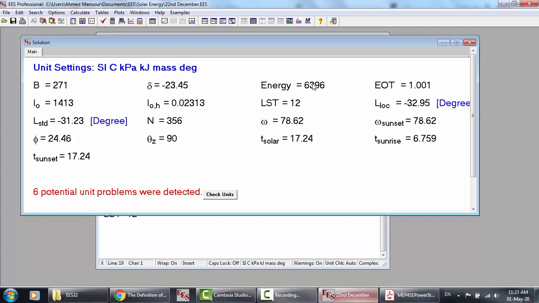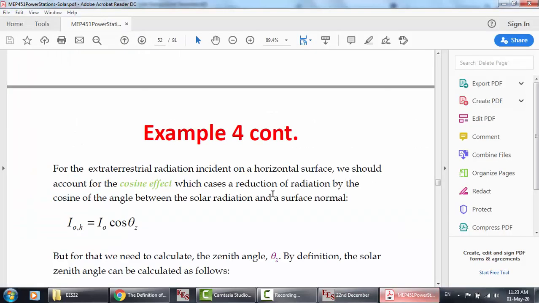Of course, this is not what exactly happens. What exactly happens is that we depend on the I total, which means the I direct plus the I diffuse plus the I reflected. Okay, I'm just talking here about the integral and this simple quantity.